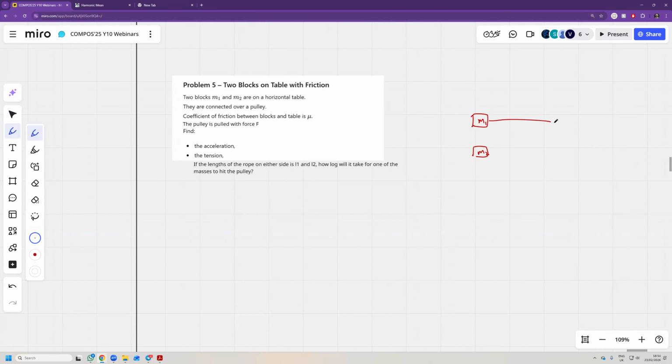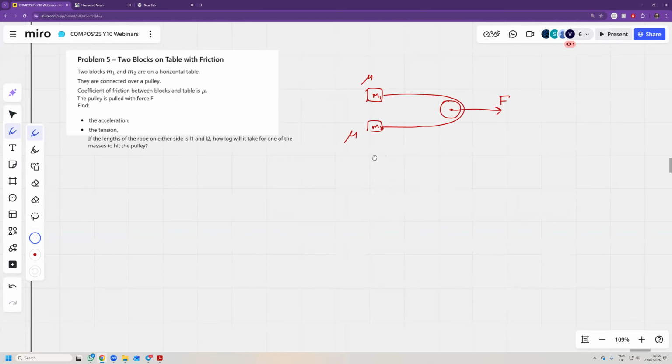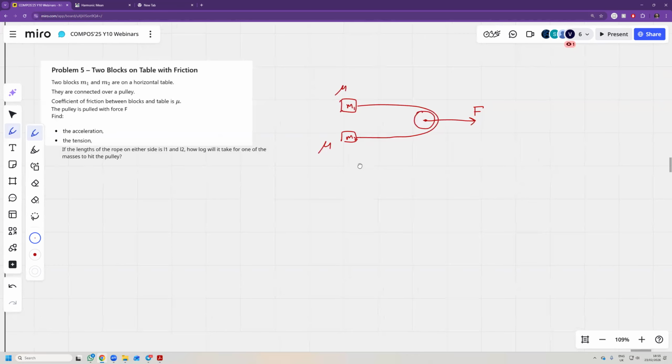They are connected by a pulley. The coefficient of friction between the blocks and the table is mu. The pulley is pulled with force F. Find the acceleration and the tension in the rope.